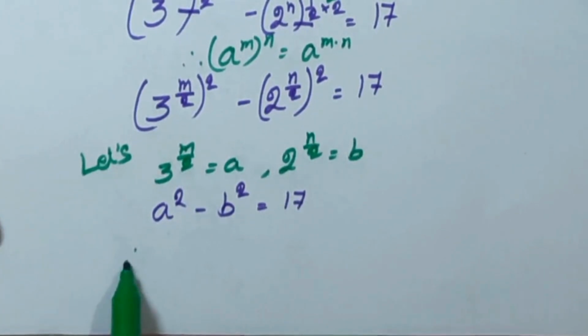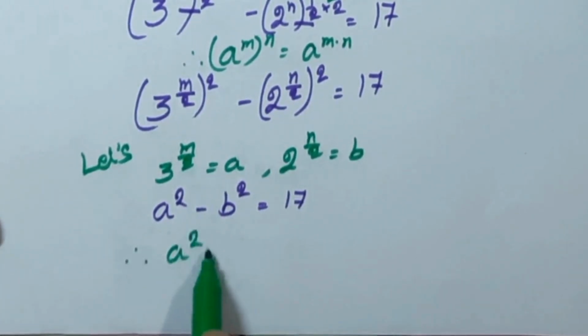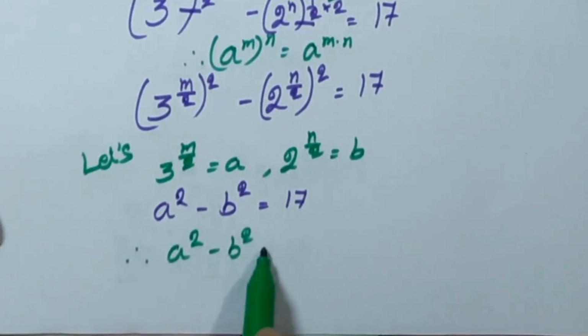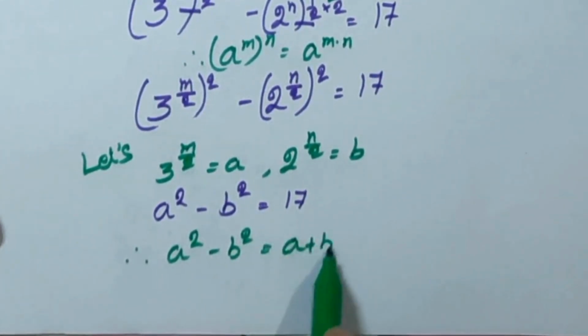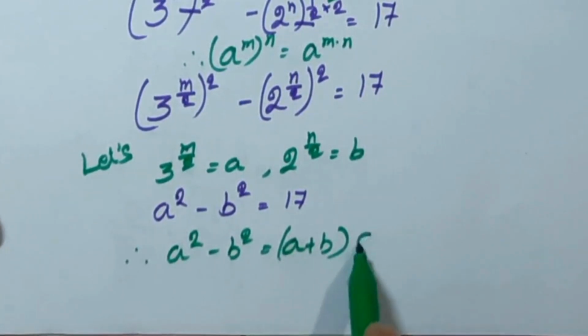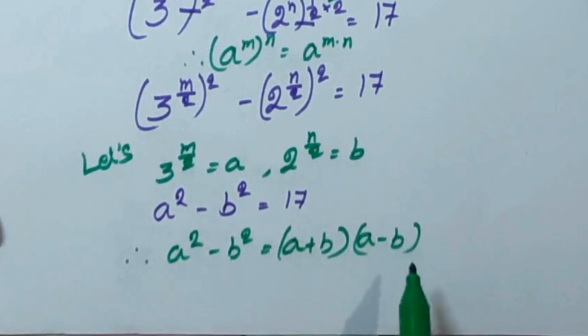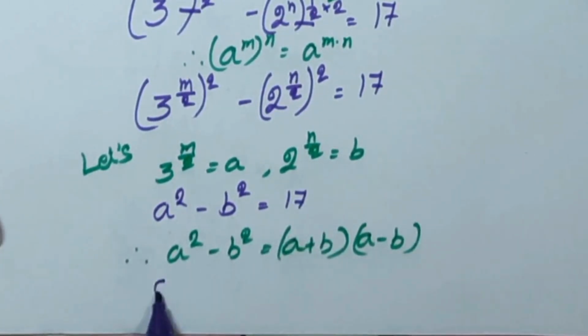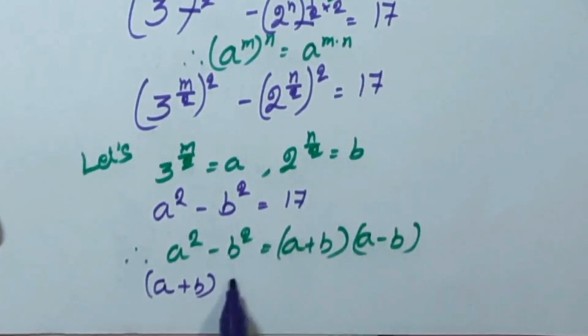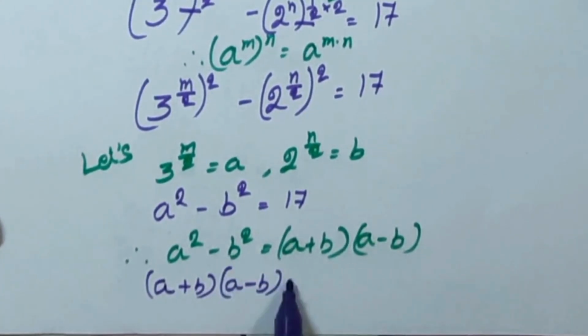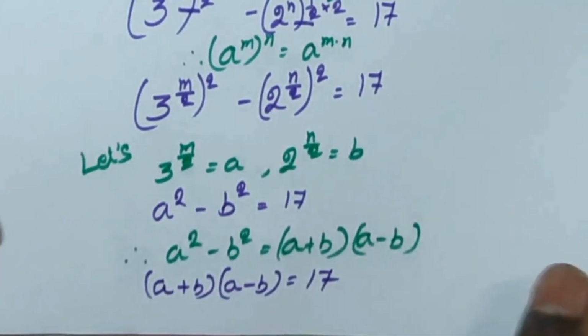Therefore, we know the formula that a square minus b square equal to a plus b into a minus b. We are going to apply this here. A plus b times a minus b equal to 17.